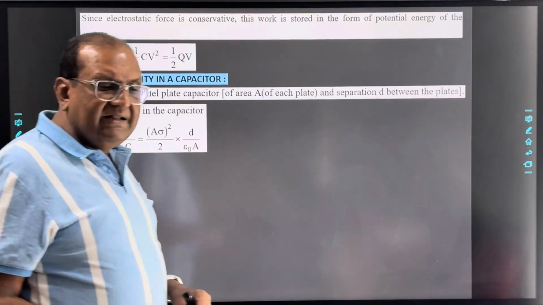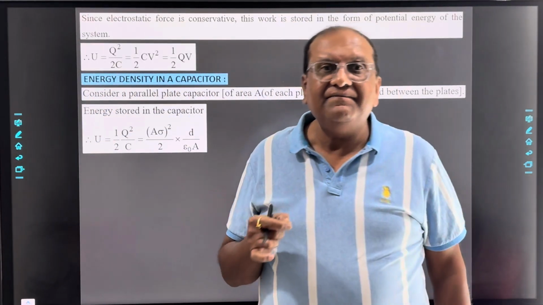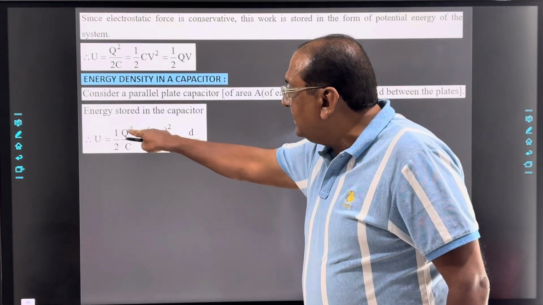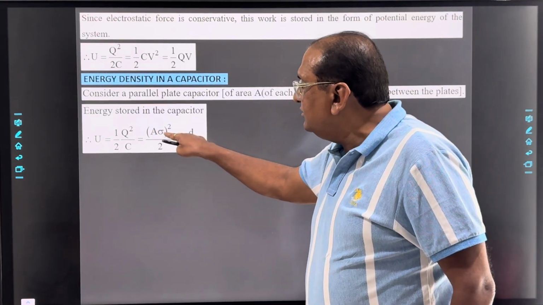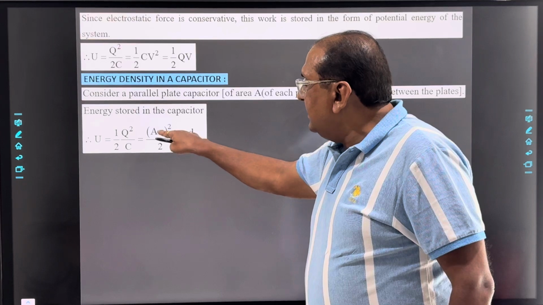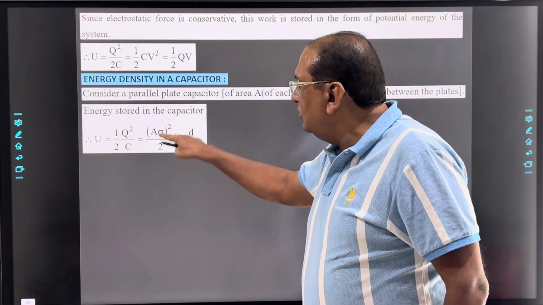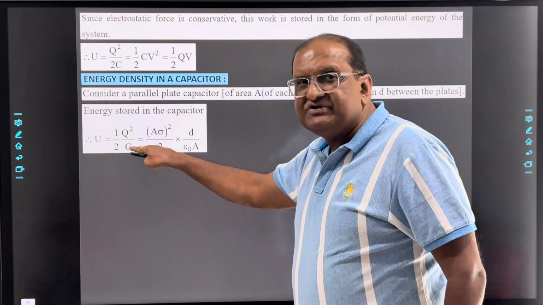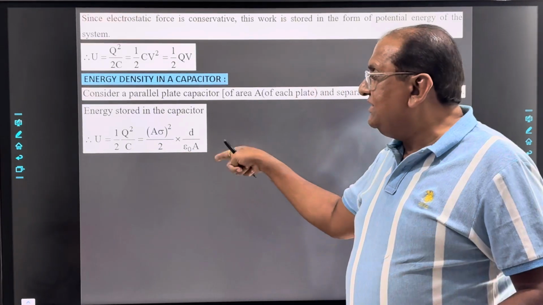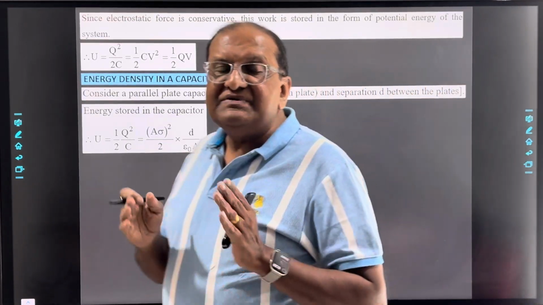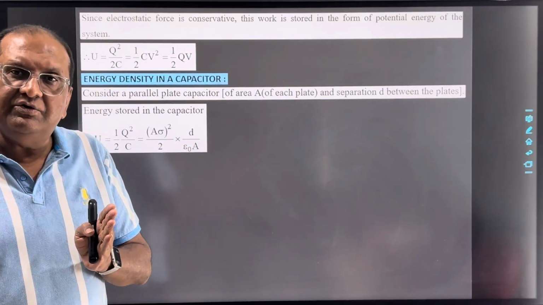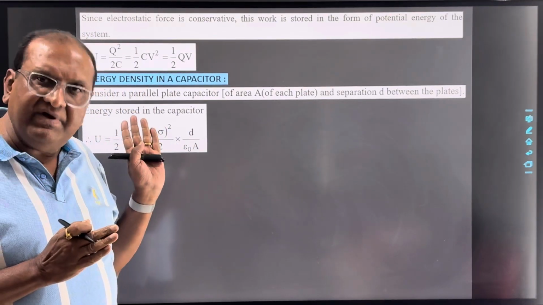Now sigma is Q/A, so Q equals A sigma. Replacing Q by A sigma, we write (A sigma)^2 over 2, and C is replaced by epsilon 0 A/D, the capacitance of a parallel plate capacitor that we derived earlier.